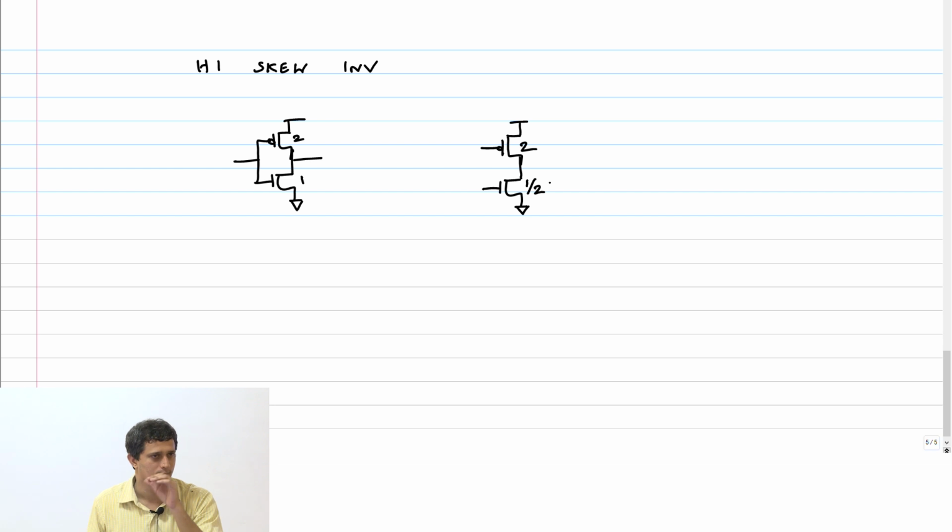So what I mean is, this 1 is going to correspond to some, let's say, 8 lambda by 2 lambda, and this is 16 lambda by 2 lambda. And let's say the minimum width allowed in the technology is 4 lambda. Then this half is still allowed. That's what I meant. Doesn't mean that half cannot be used. It just depends on the absolute minimum width. Remember, these are relative sizings that I've been speaking about. Therefore, this half is allowed.